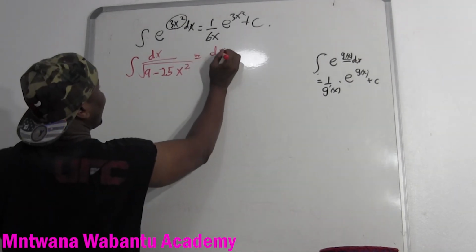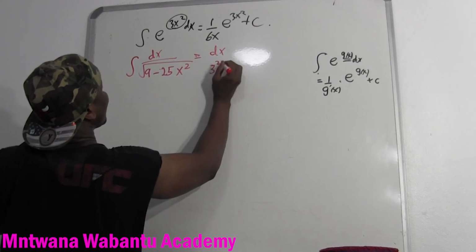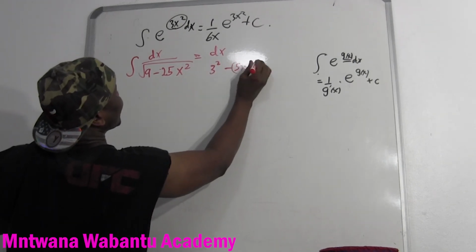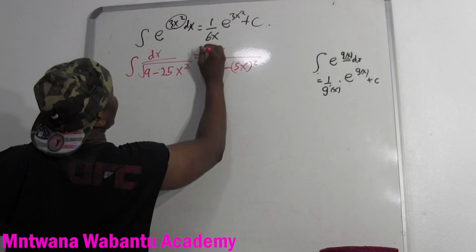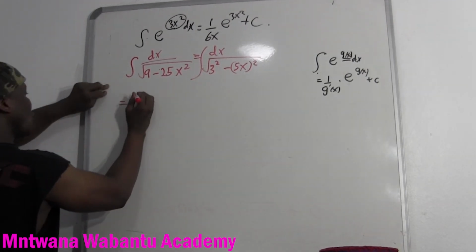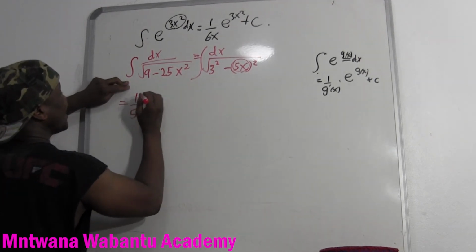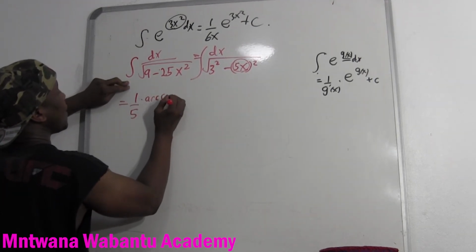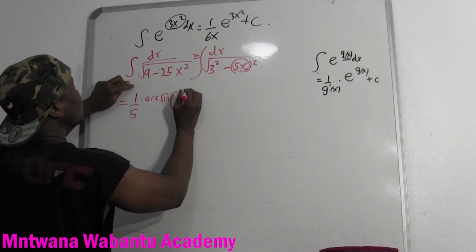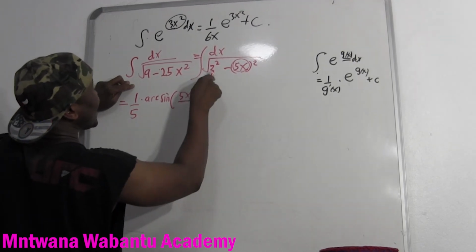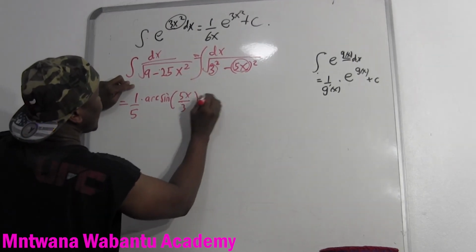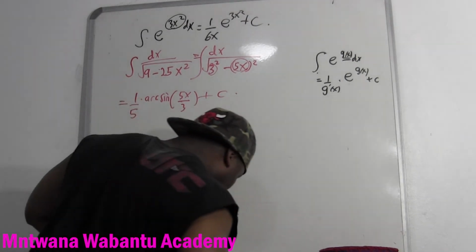Let me say dx over 3 squared minus 5x squared. So this is going to be 1 over, differentiate this, it gives you 5, and there's going to be arc sine, and then write your function f of x over the number which is in here, 3, plus constant.